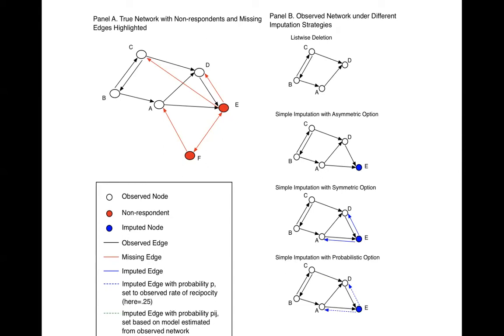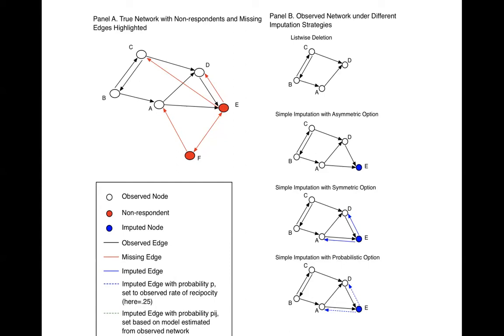And so we see an edge from D to E and A to E in the true network and the observed network. And so we start there. And then the question becomes, once you have the raw data and what it looks like, should you impute any other ties?